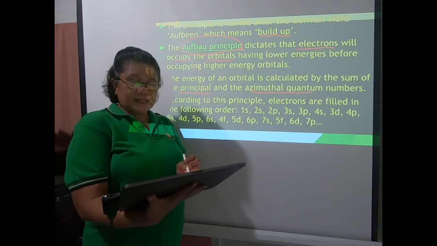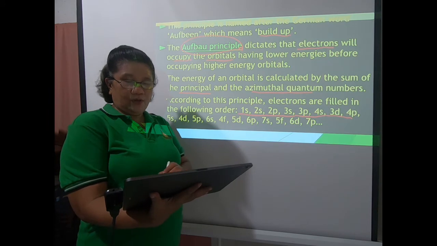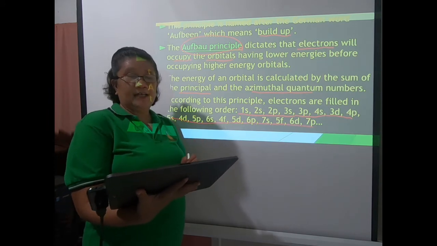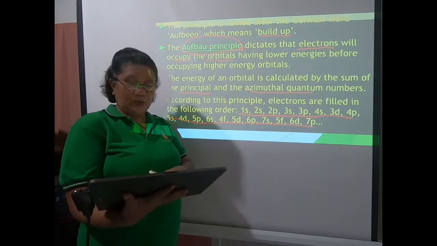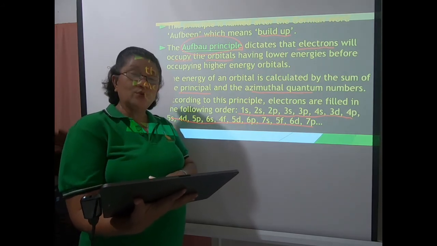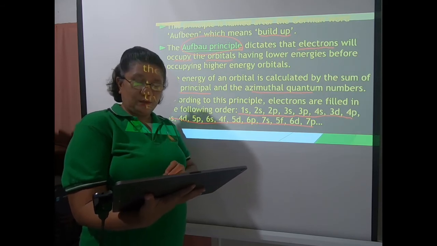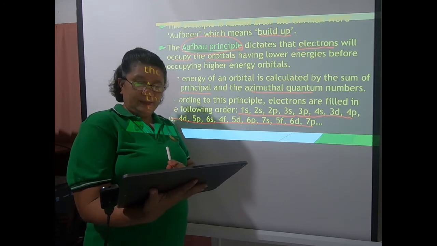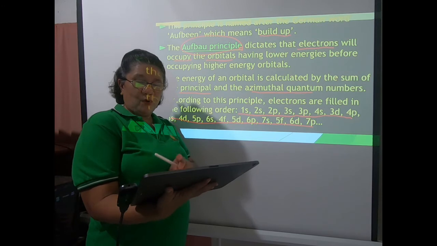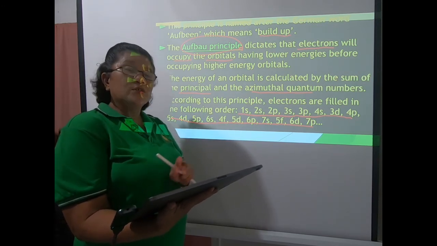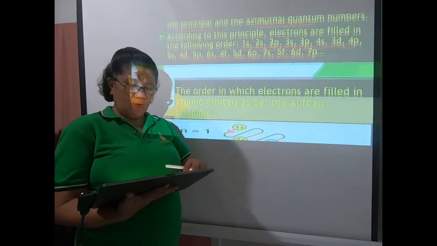So in this principle, this will be the order of your electron configuration. Of course, it will start with the first energy level, 1s2, then second energy level, that is 2s, 2p. Third energy level, that will be 3s, 3p. Fourth energy level, that is 4s, 3d, 4f, and so on and so forth. That is according to the Aufbau principle.